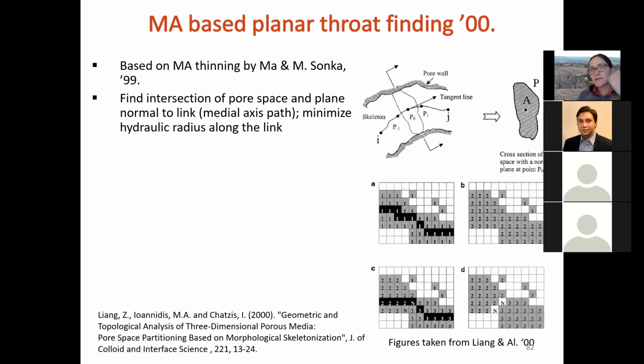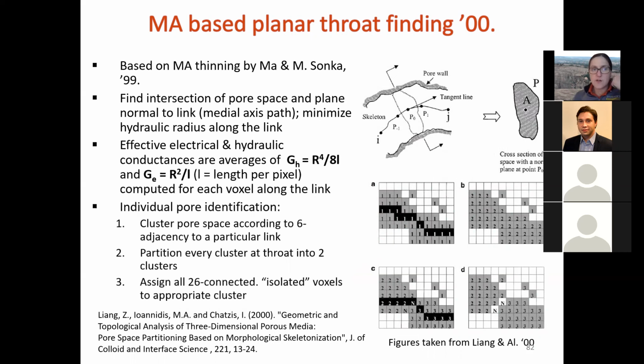This is the point that I made, that the medial axis is often used as a starting point of different types of searches in porous media because it reduces the complexity of the material. And that one is actually looking for the effective minimum hydraulic radius, okay?